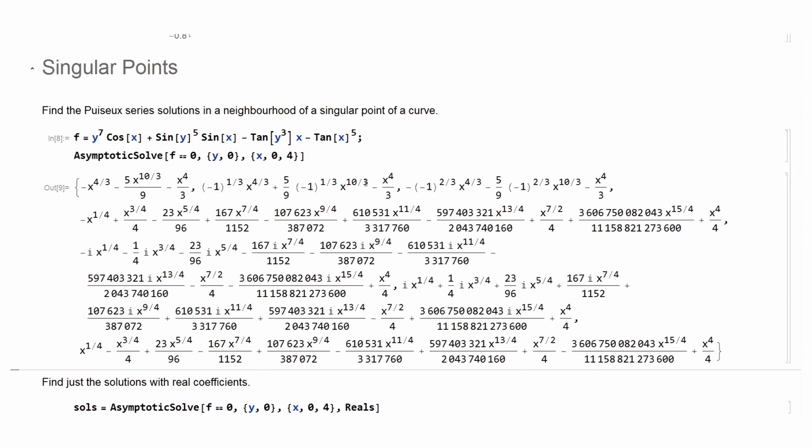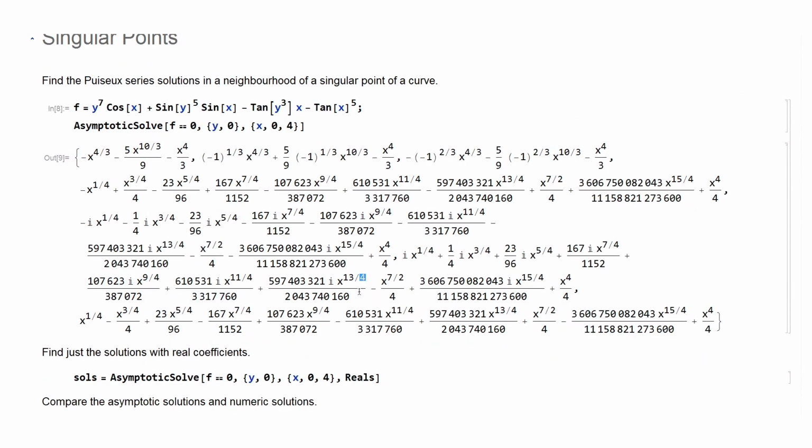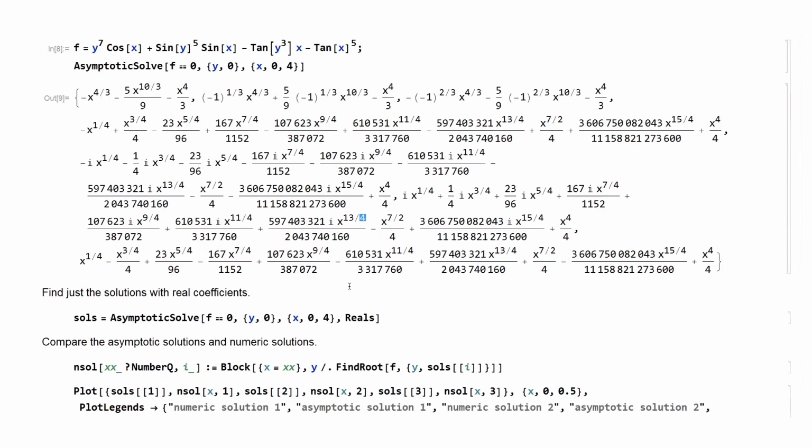So this is the denominator 3. We got three solutions with powers with denominator 3, and 4 solutions with powers with denominator 4. So we get 7 solutions, and they are Puiseux series. But they are still nice series. They are convergent series near the point x, y equals x0, y0, in this case 0.